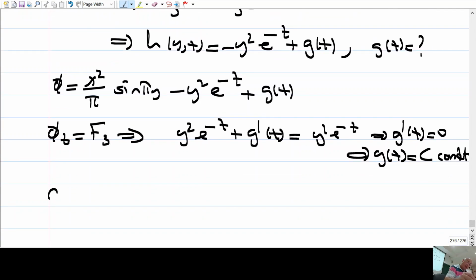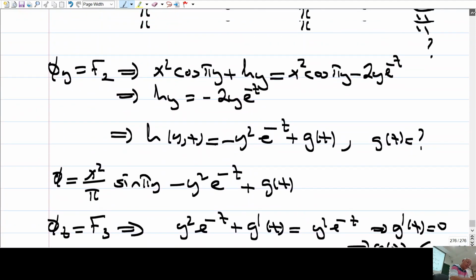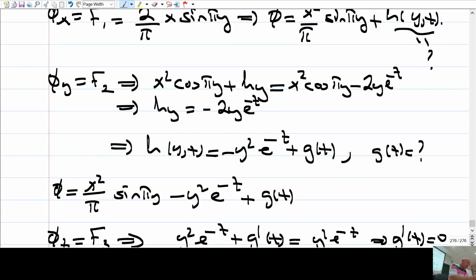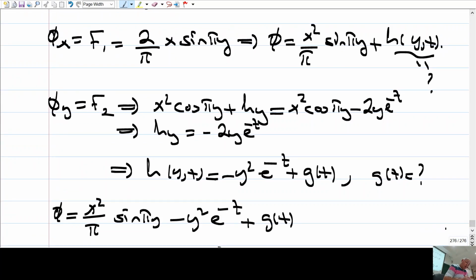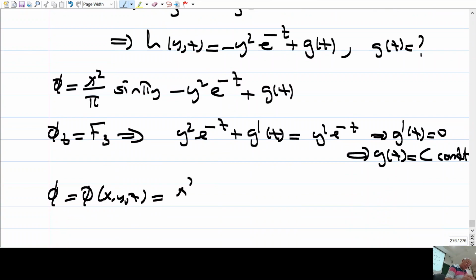So, phi can be taken to be as what? Phi, which is a function of x, y, z, is just x squared over pi sine pi y minus y squared e to the power minus z, and g is just a constant.